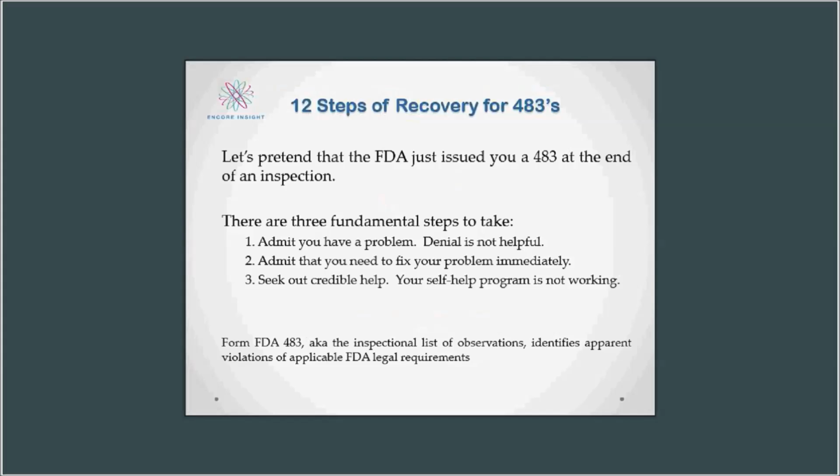So once you realize you have the problem, then you have to fix the problem, and the sooner you do that, the better. And then if you realize that you aren't capable or you don't quite get it in terms of fixing the problem, you need to seek out some credible help. The assumption there is your own self-help program hasn't quite been successful. So that's sort of the context.